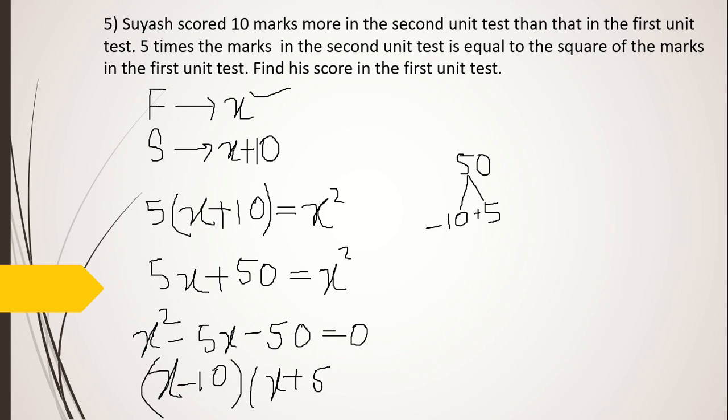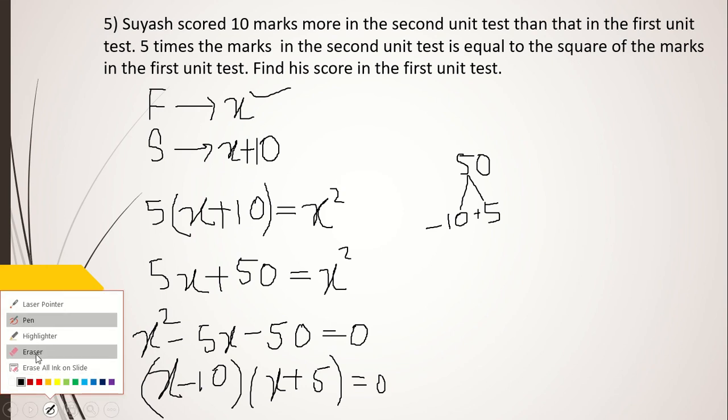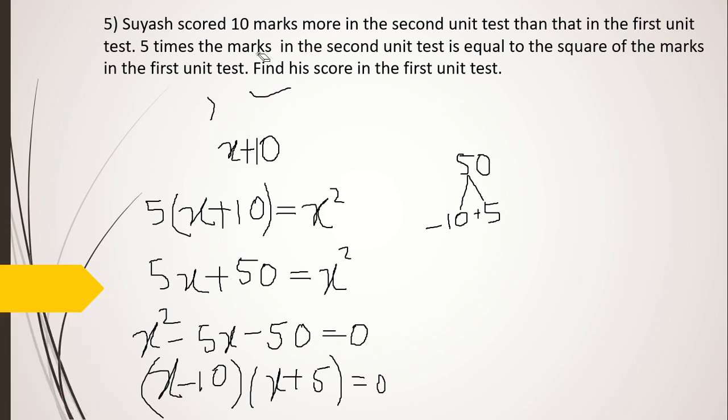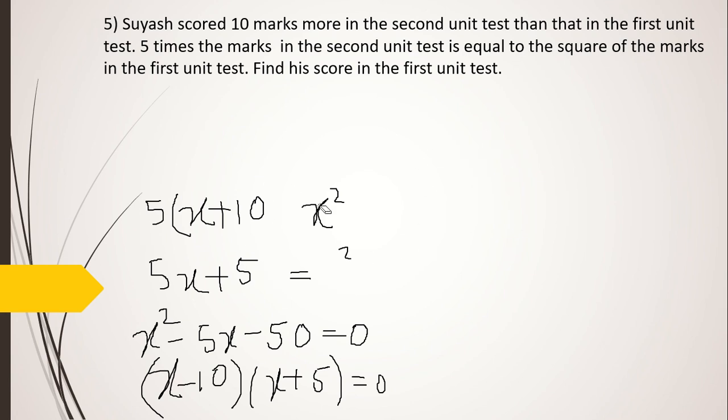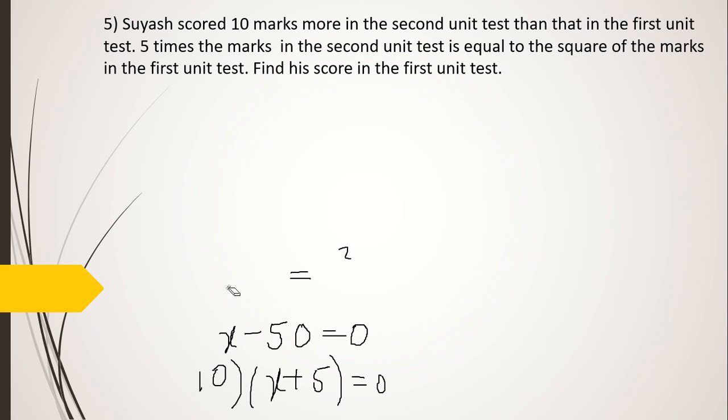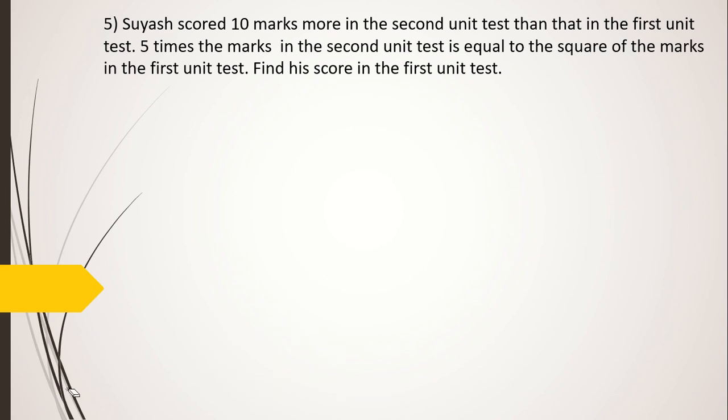And then we will get the values of x to be 10 and minus 5. But the marks cannot be negative. So we will choose x is equal to 10 and x is equal to minus 5 will be avoided. We will not take the negative marks, because marks cannot be negative. Marks are never given in negatives. So we will not take the negative. We will only take the positive value.